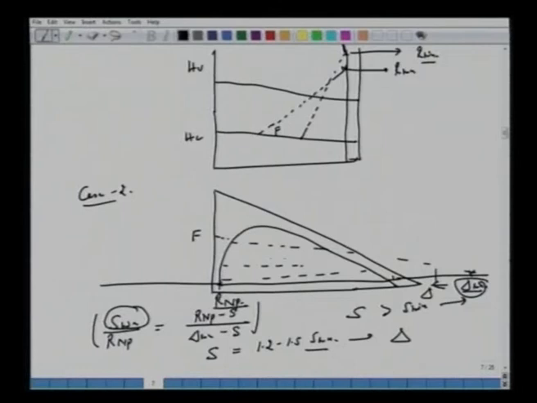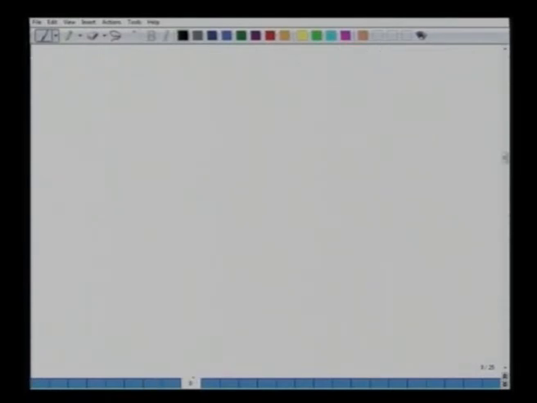Either the tie lines are like this or tie lines are like this. We have to find out the amount of solvent which coincides with any of the tie lines, which gives the minimum amount of solvent, and then take 1.2 or 1.5 times to be on the safer side.